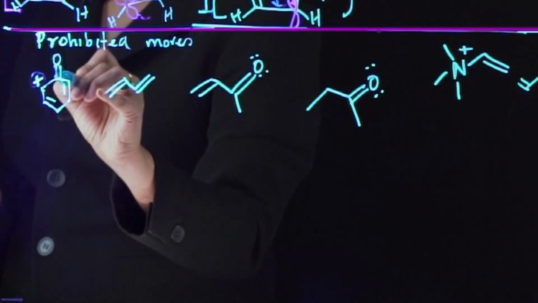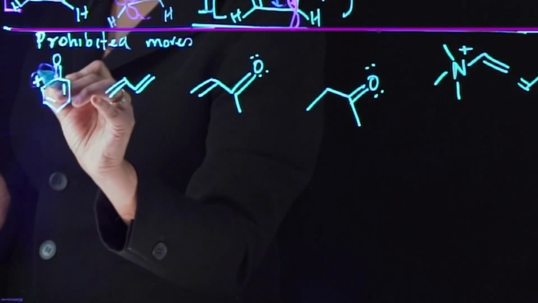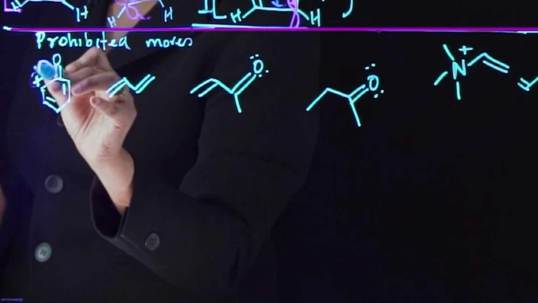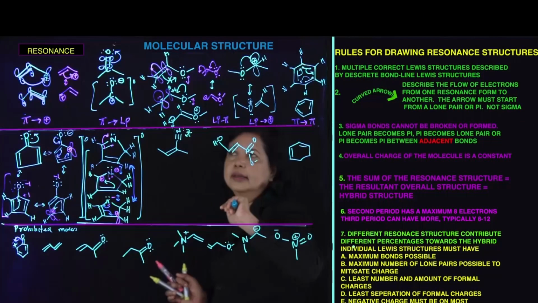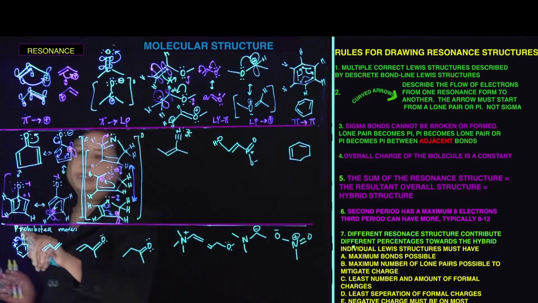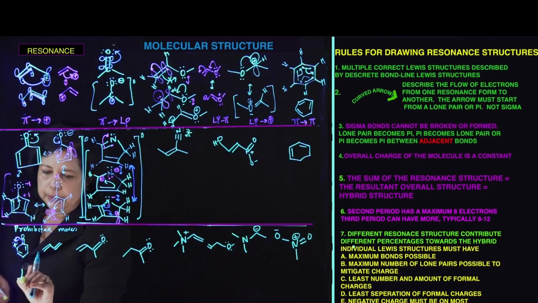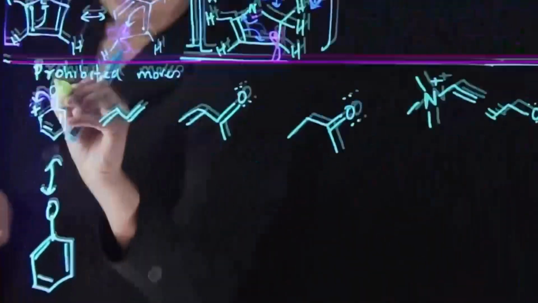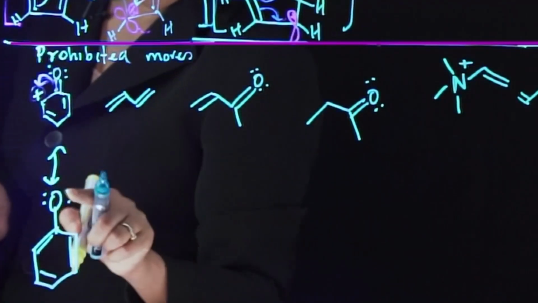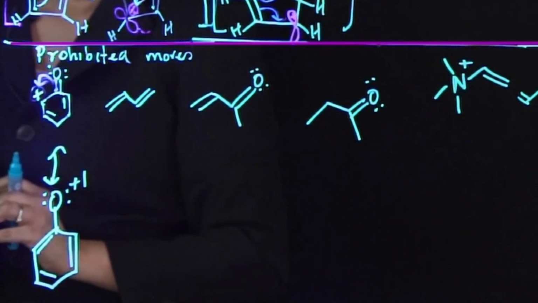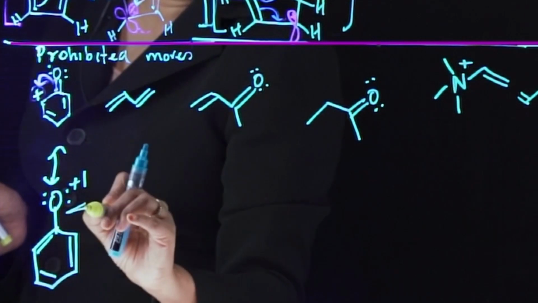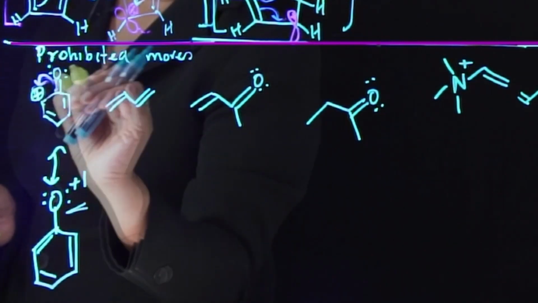Now, if you take this, can we do this? Can we move this pi to a positive? Can we do that? Like this, but in this direction. Look what we get if we do that. If we do that, we're going to get a pi here, and your oxygen now is going to be 6 minus 5 plus 1. So this is never going to be acceptable. It's better to put the positive on the carbon.